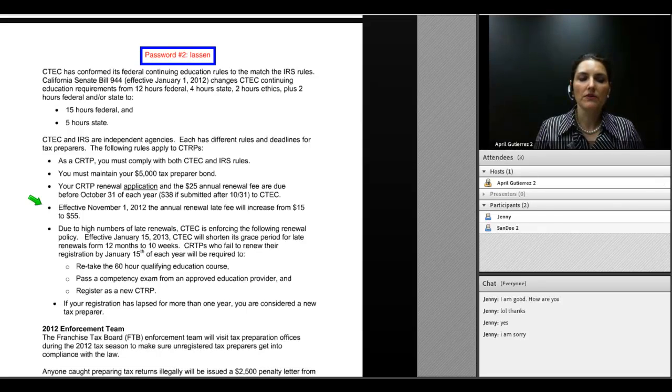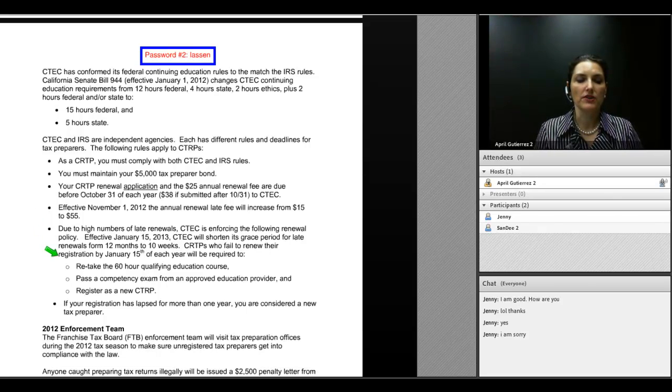Effective November 1, 2012, the annual renewal late fee will increase from $15 to $55. Also, due to high numbers of late renewals, CTEC is enforcing the following renewal policy. Effective January 15, 2013, CTEC will shorten its grace period for late renewals from 12 months to 10 weeks.